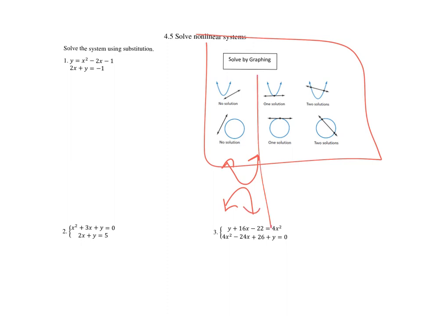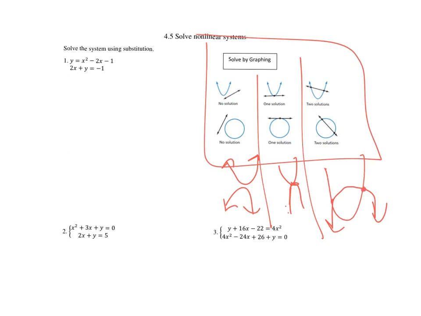Okay, you could have something like this, which would have one solution, or you could have something like this, which would give you two solutions. Okay, so if you had two parabolas, that's how that would look as far as your solutions go. So you'd find their intersections just like you did whenever they were linear.